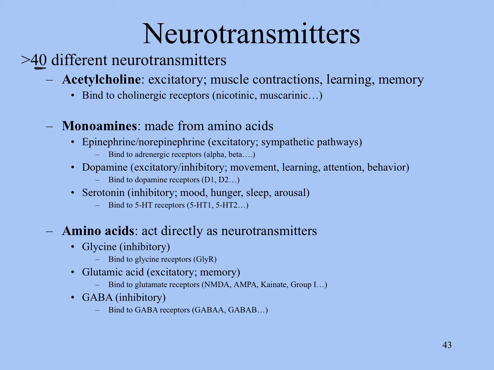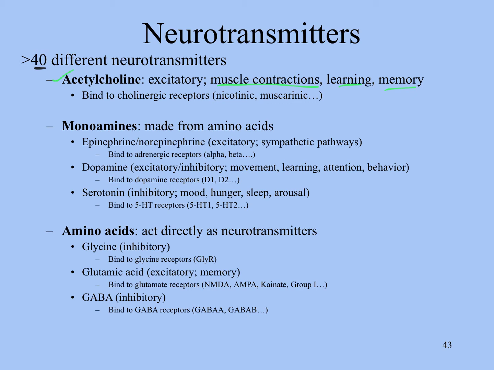And some of them are named here. One of the more common ones that you will probably remember is acetylcholine, and of course those are involved in muscle contractions, but you also find them in the central nervous system, involved in learning and memory.